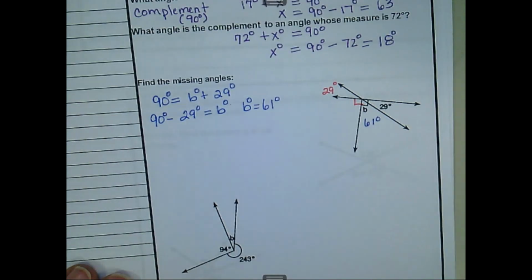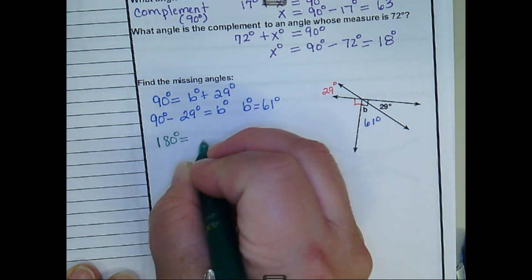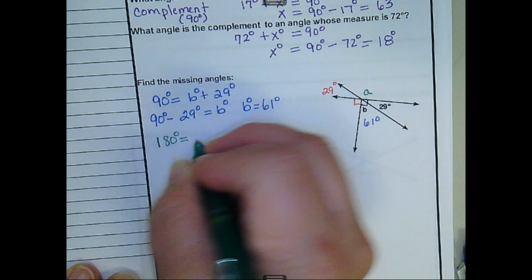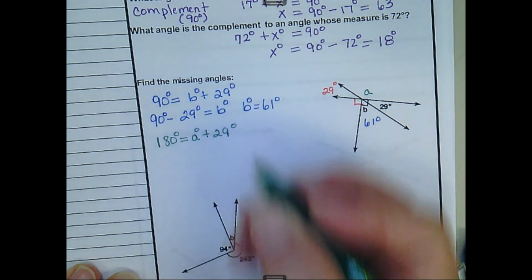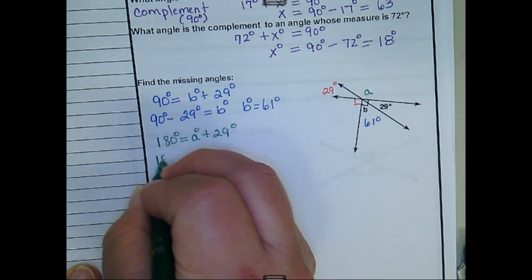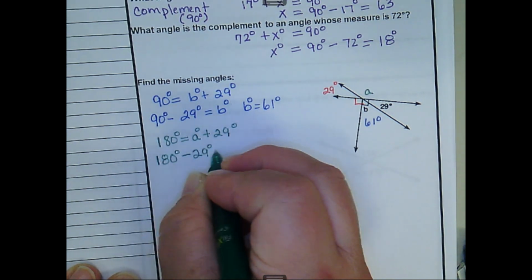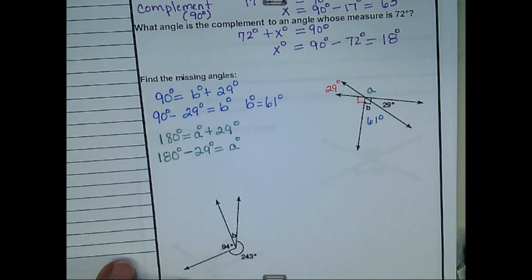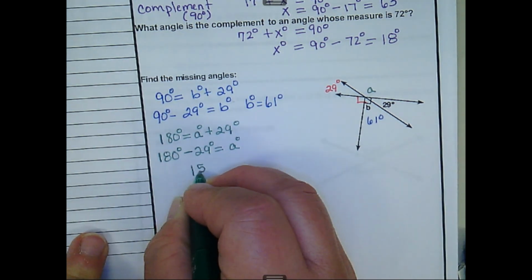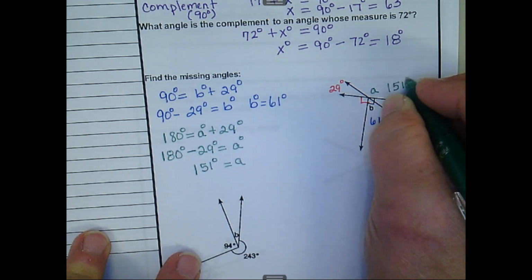So we've got 180 degrees is equal to, I'm going to put this as A degrees plus 29 degrees. 180 degrees minus 29 degrees is equal to A degrees. Okay, subtract it, and what do you get? You should have gotten 151 degrees is equal to A. And we're done.